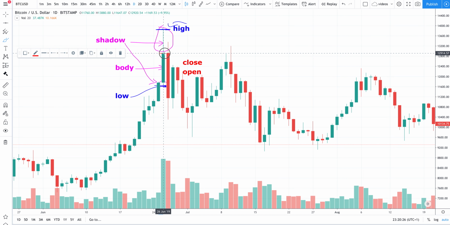So in this case, this is the close price of the green candle, while this is the open price of our candle.